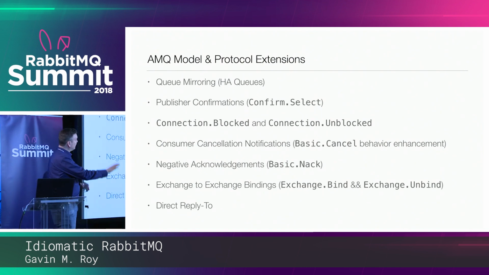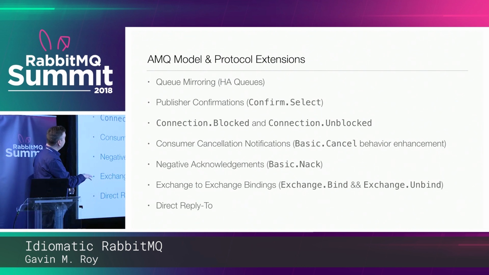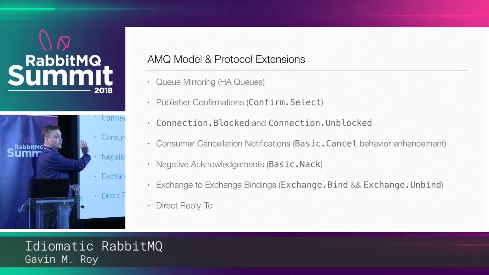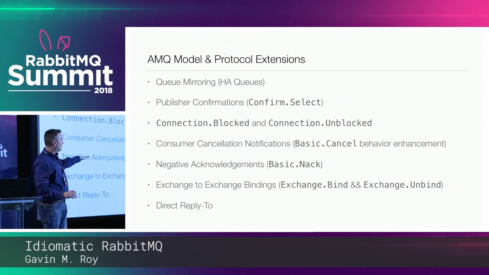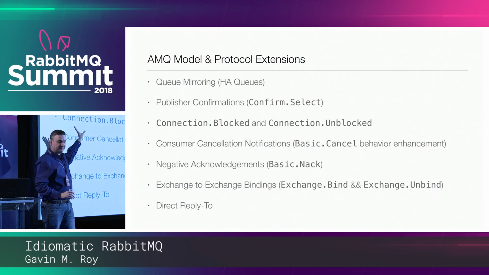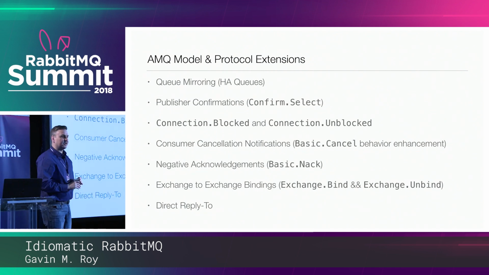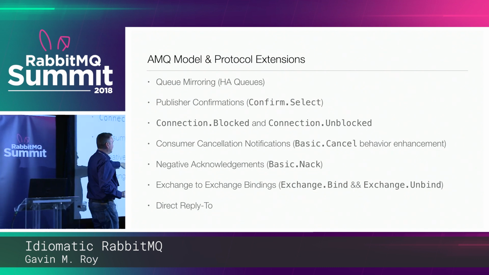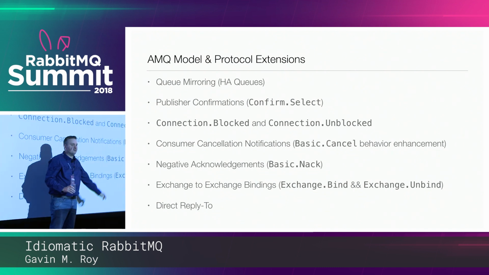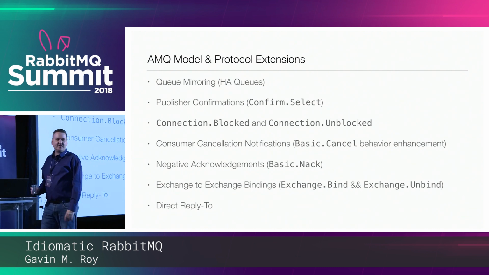And then there's all these awesome extensions. I don't have a lot of time left, so I'm going to skip over reading through the list. But basically, the RabbitMQ team extended the AMQ protocol, adding new classes and methods. So for example, consumer or publisher confirmations, the confirm class is an extension to the AMQ protocol. Basic nack is a correction of the fact that you can't multi-reject the same way you can multi-ack.